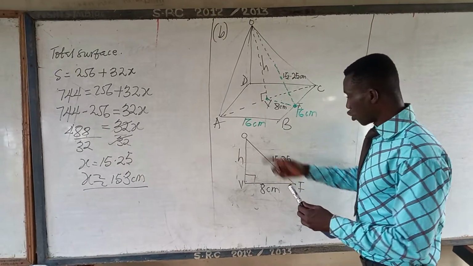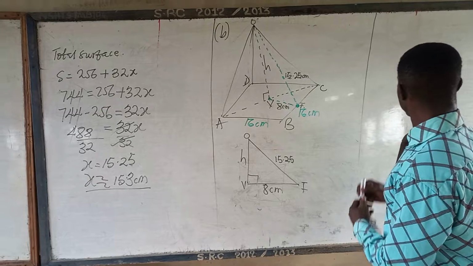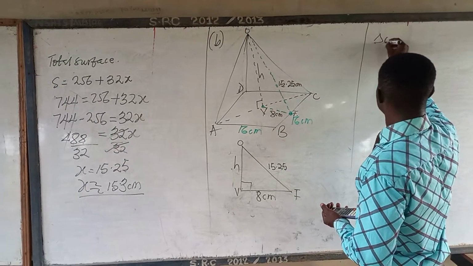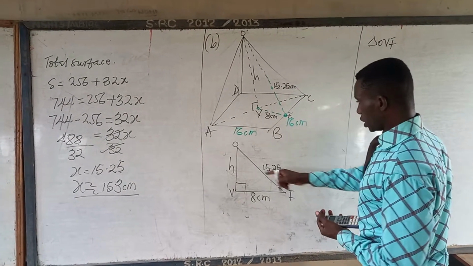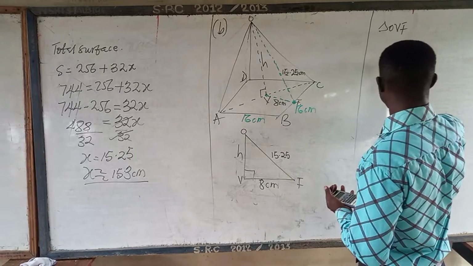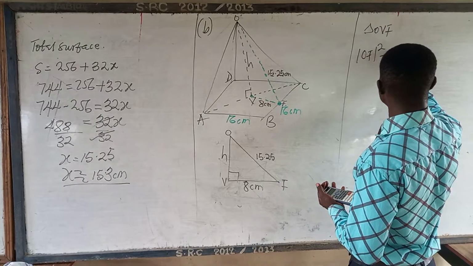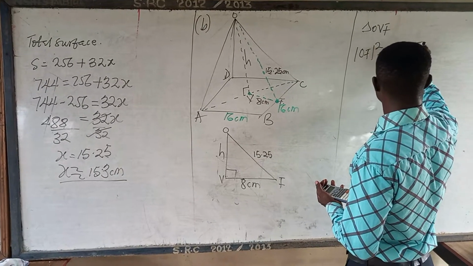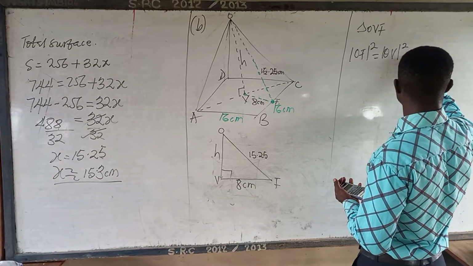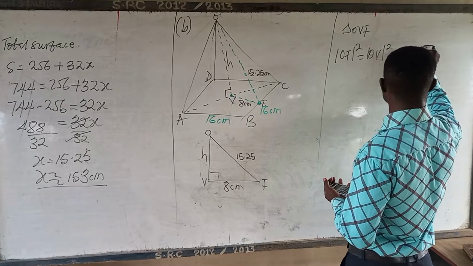Now, from triangle OVF, the hypotenuse squared, which is OF squared, should be equal to OV squared plus VF squared.